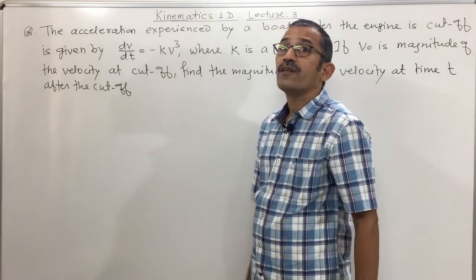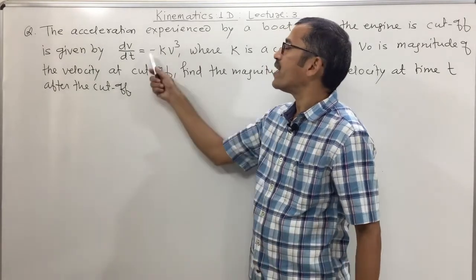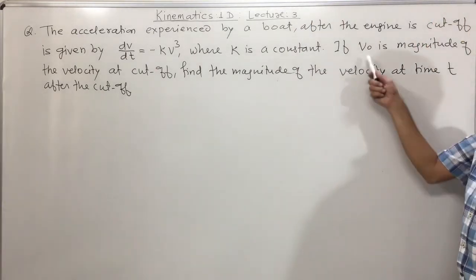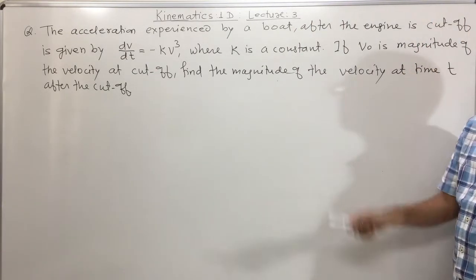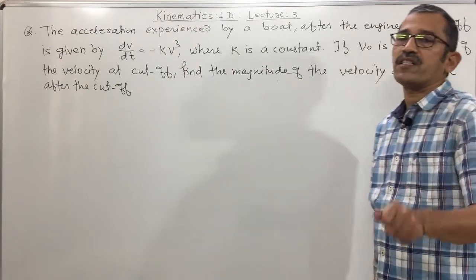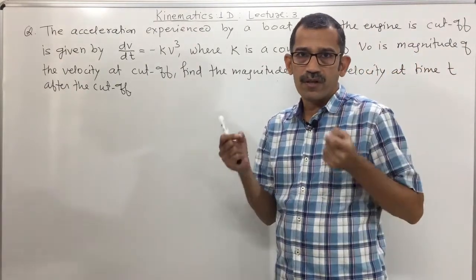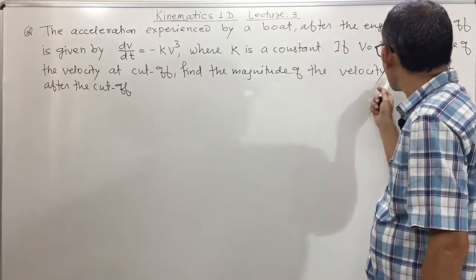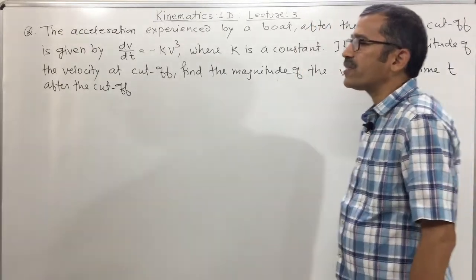Minus means speed will decrease. k is a constant, and v naught is the magnitude of velocity at cutoff. That means at the instant when the engine is cut off, velocity is v naught.